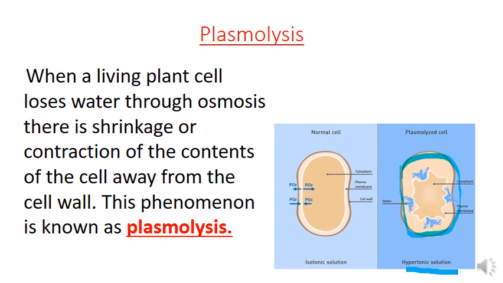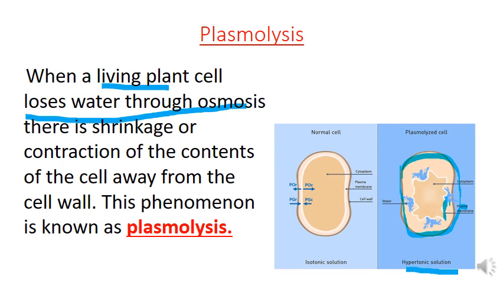Okay, so this is the cell wall, the outermost part. The inside part is the plasma membrane. So from the cell wall, the other cytoplasmic contents, that is the plasma membrane and cytoplasm, will shrink away from the cell wall, and this process is known as plasmolysis.